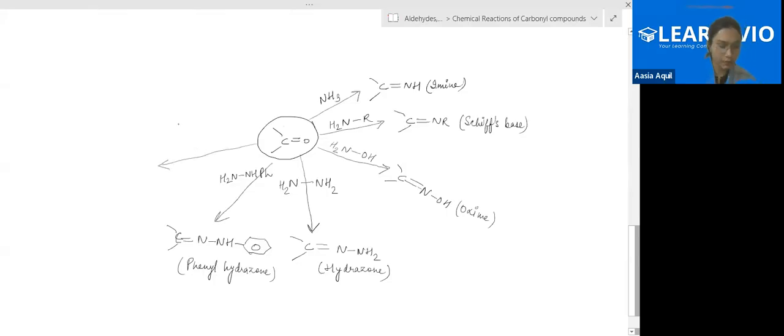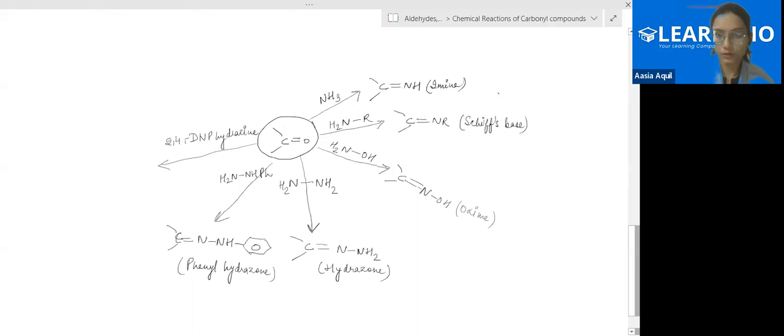Next, when you treat this with 2,4-dinitrophenylhydrazine, what will happen? First, what is 2,4-DNP hydrazine? Let's see the structure.